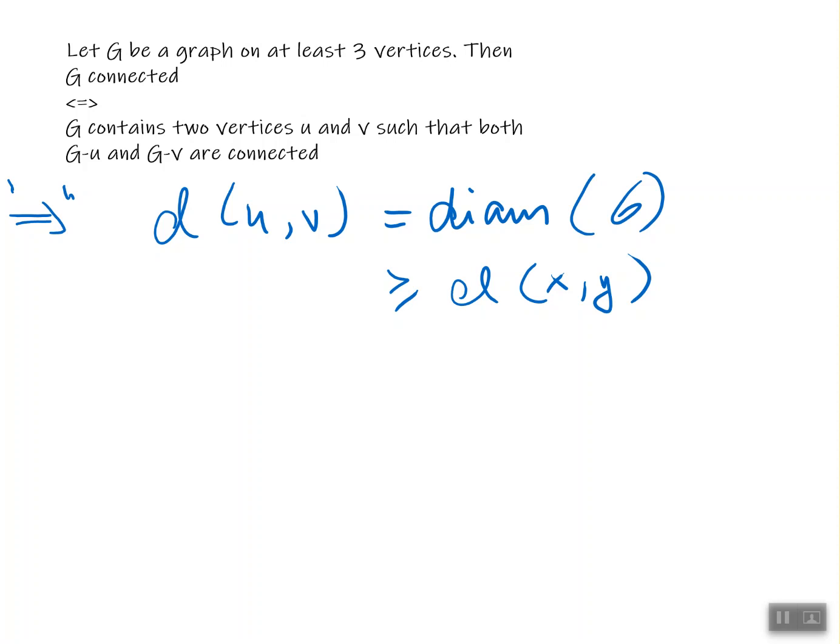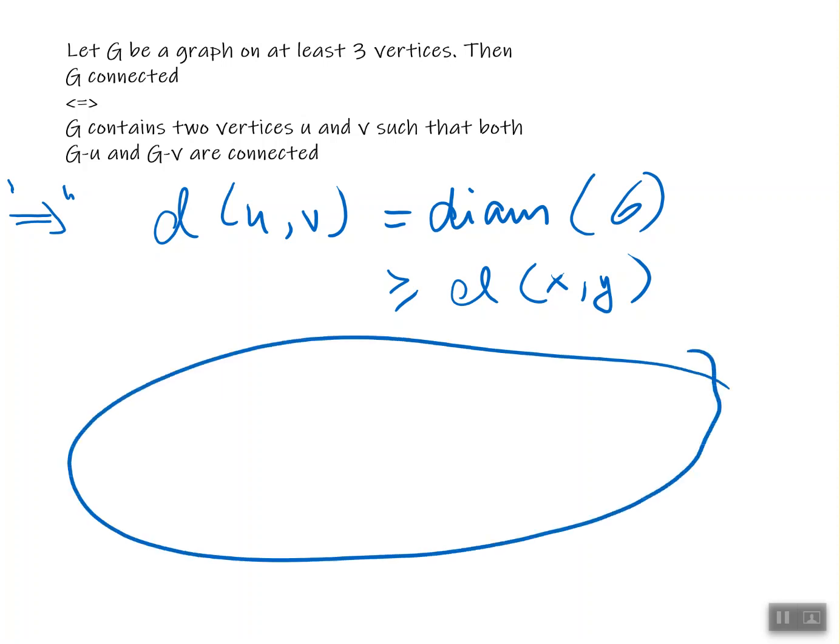Well, again, we have our graph G, and we have a vertex u and a vertex v, so that the shortest path between the two, which is the distance, is the longest amongst all pairs of vertices.